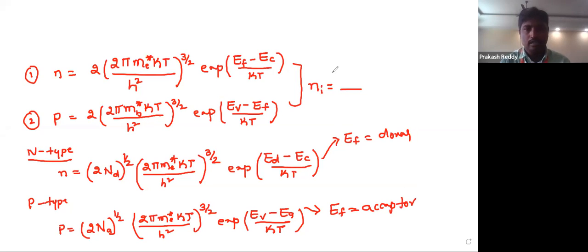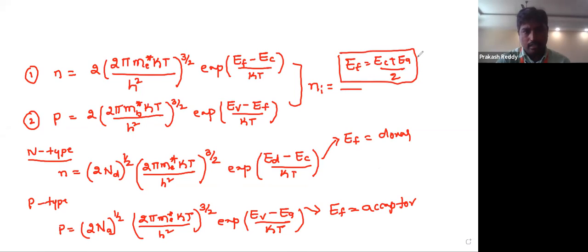In an intrinsic semiconductor, the Fermi level is exactly in between the bottom of the conduction band and the top of the valence band. Try to remember these topics. So with the donor concentration and with the acceptor concentration, the Fermi level is different. That topic we are going to cover in the next class.